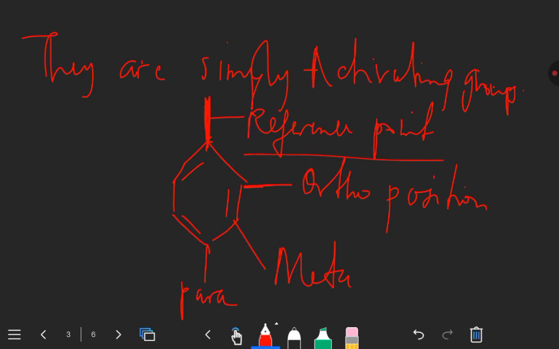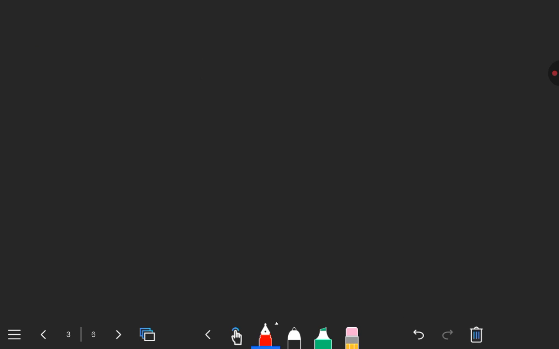So now let's look at some examples of elements or compounds which are considered to be ortho para directors. So I'll draw a benzene ring like this. So this is my benzene ring with those alternating double bonds.